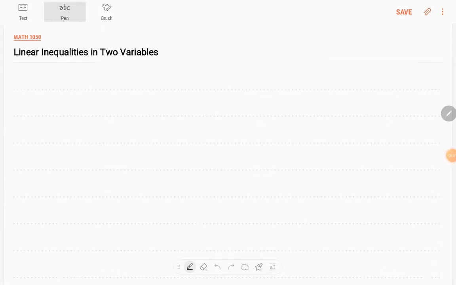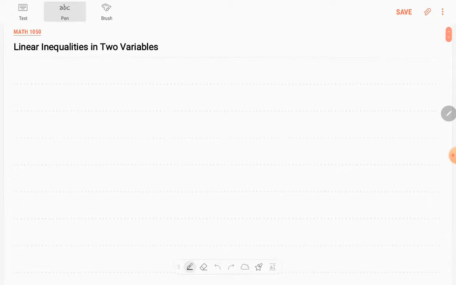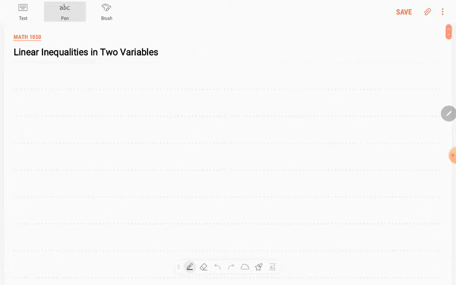Okay, so we want to talk about linear inequalities in two variables. We have learned the linear equality in two variables, which is ax plus by equals a constant c, right? This is a linear equality which represents a straight line.